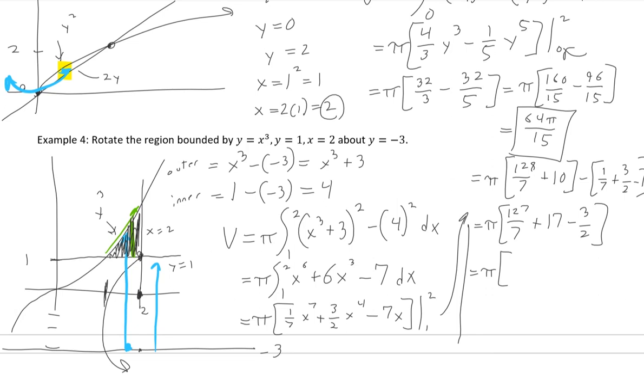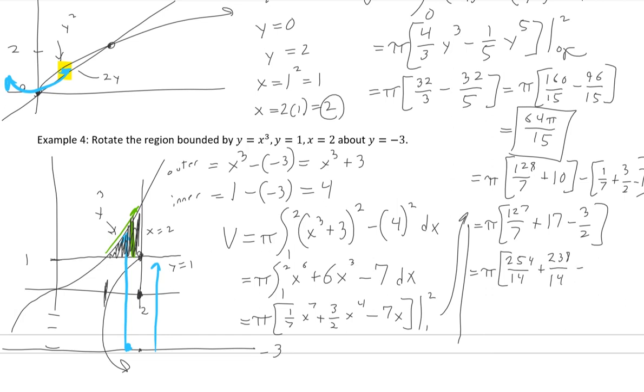We see a common denominator of 14. So 127 times 2 should give me 254 divided by 14. If I make 17 over 14, I'd have 17 times 14 is 238, I think. Let me just check. Yep, 238 divided by 14.